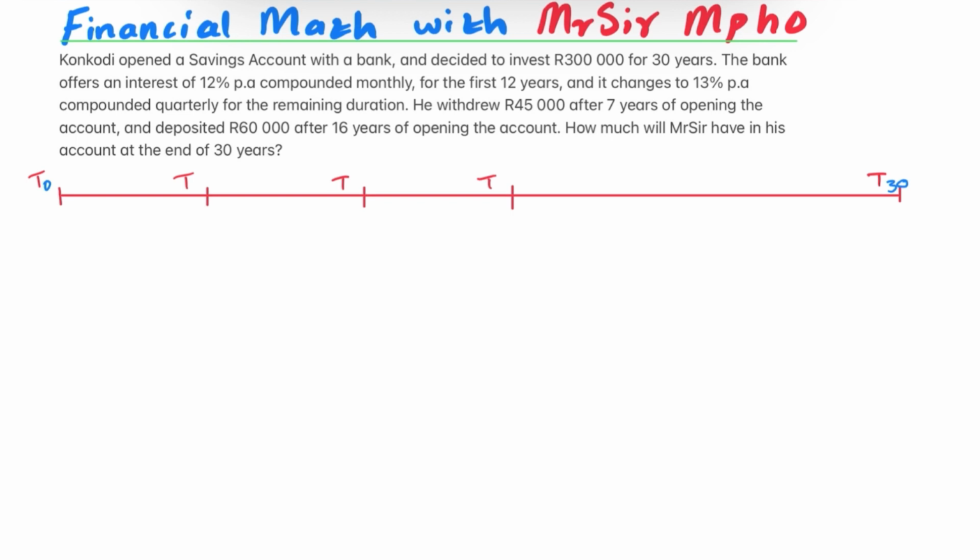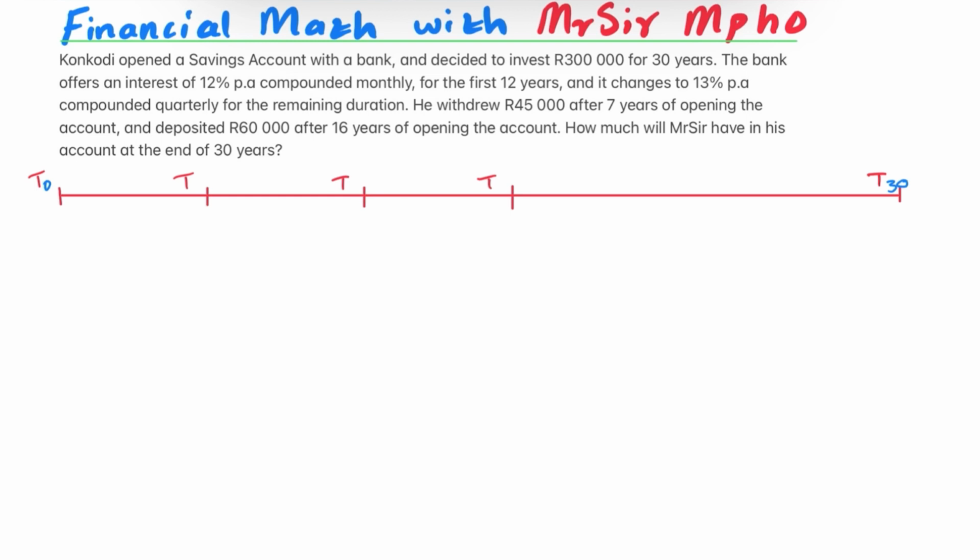So withdrawal, what happens? You subtract, right? After 7 years, which means at T7, you're going to have a subtraction of 45,000 Rand, and deposited 60,000 Rand after 16 years of opening the account, which means this person deposited at T16. To deposit is to add into the account.